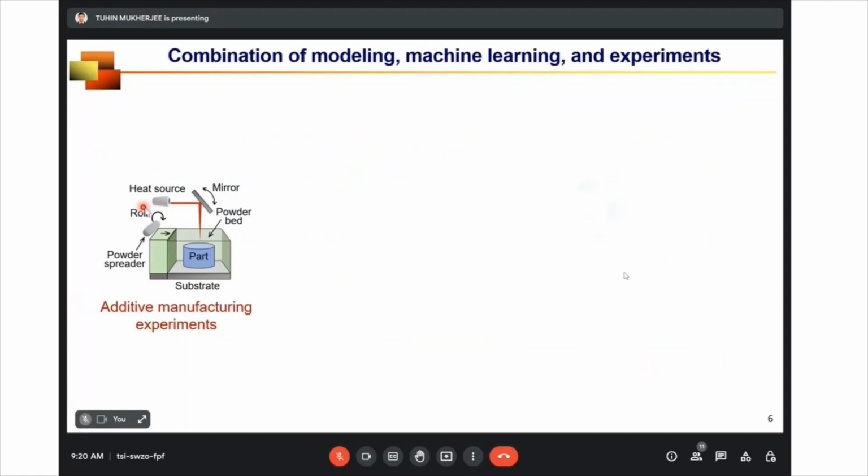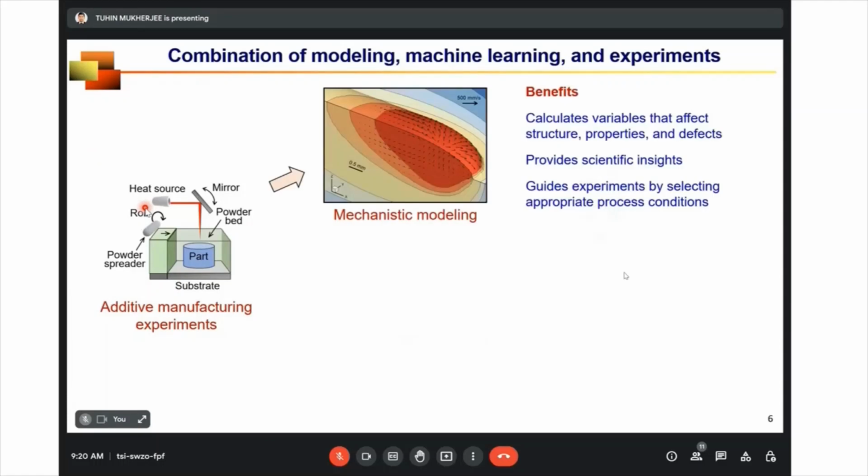We do the experiments and learn what the process conditions and material properties are, and based on the underlying physical principles, we develop mechanistic models that capture the additive manufacturing process and also the evolution of microstructure, properties, and defect formation.